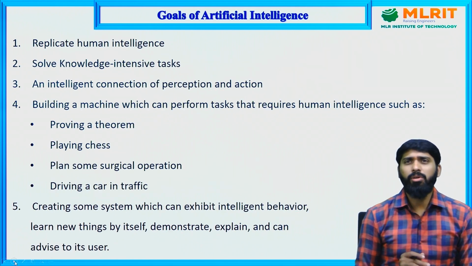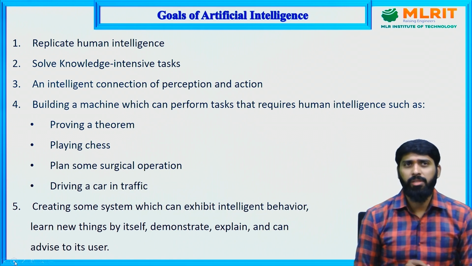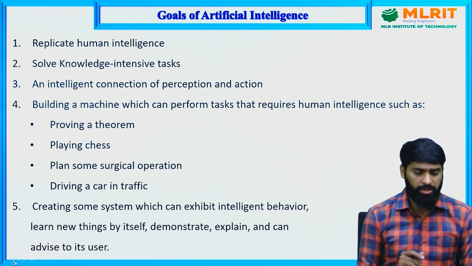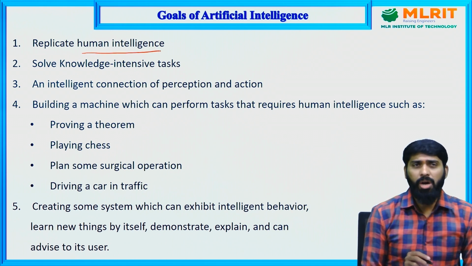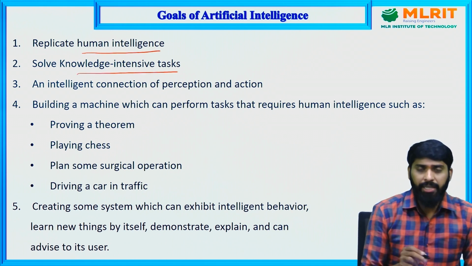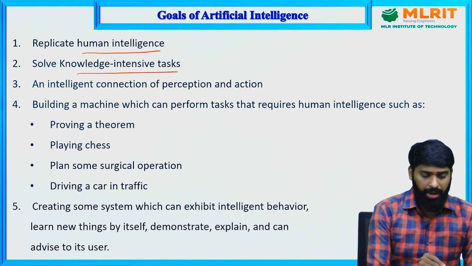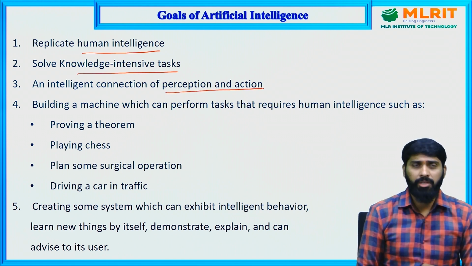So coming to goals of artificial intelligence. The goals of artificial intelligence are to replicate human intelligence and solve knowledge intensive tasks. Third one, an intelligent connection of perception and action.